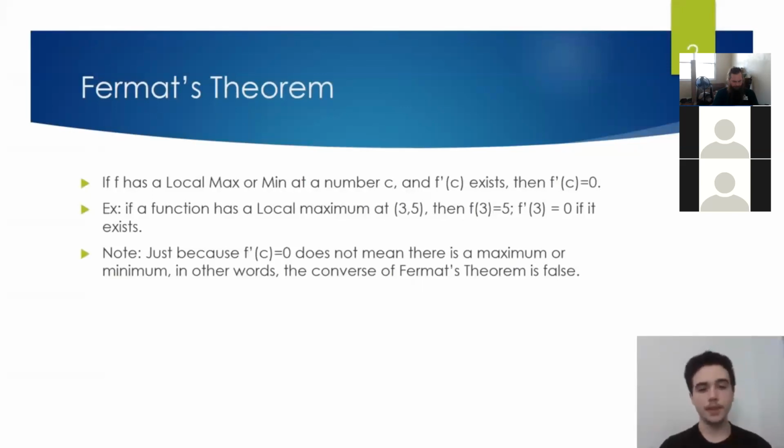So basically, for example, if a function has a local maximum at (3, 5), like we saw in the first example, then f of 3 equals 5, and the derivative of f at 3 will equal 0 if it exists. Now, note, just because the derivative of f at c equals 0 does not mean there is a maximum or minimum. In other words, the converse of Fermat's theorem is generally false.